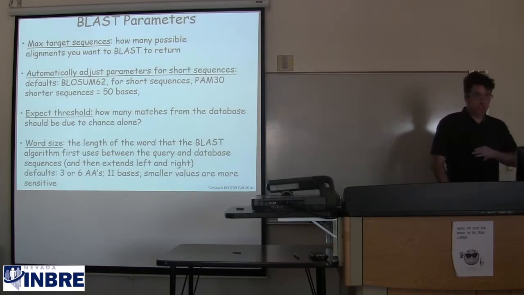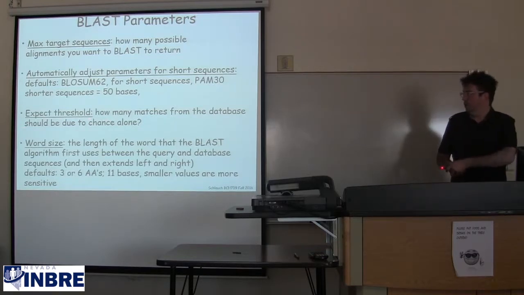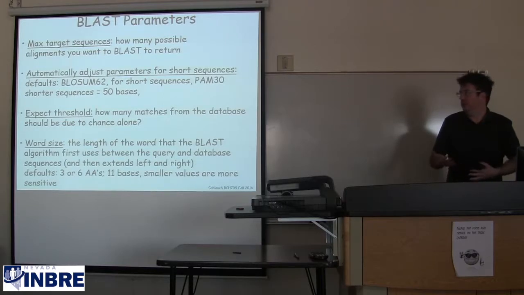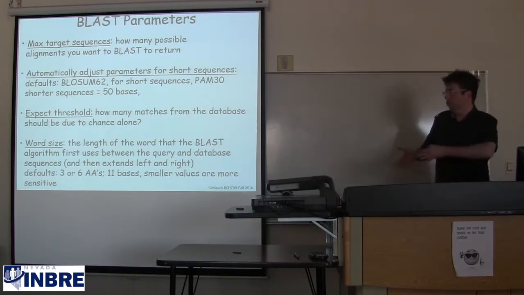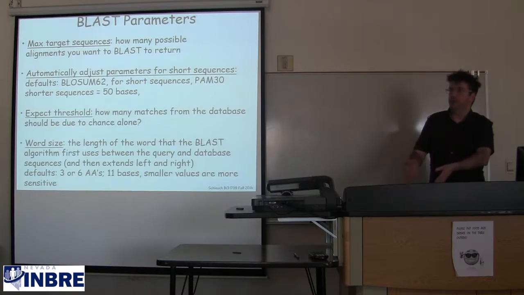You can't freeform change the word size, but you can generally choose it from a drop-down list. Larger words means that it's quicker to compute, but that you may miss local similarities for divergent sequences. The longer the word, the longer the perfect match has to exist in order to initiate extension.